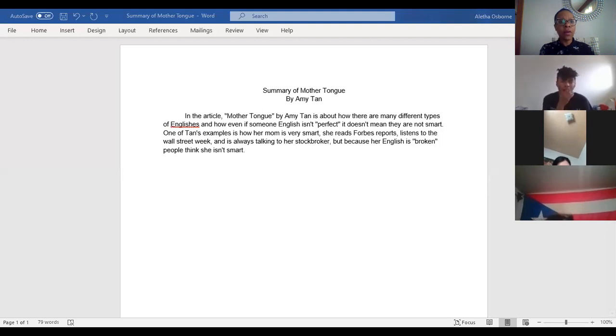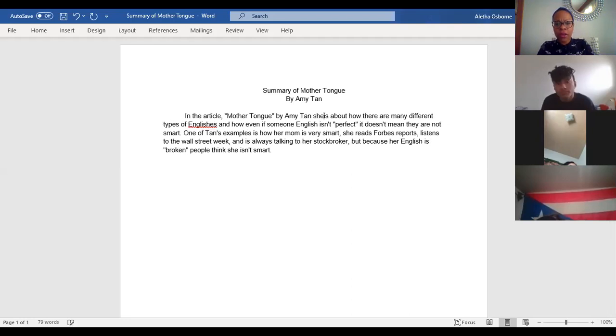So the way that we do that, let me go back to my last page. Sorry, okay. So where we say in the article, Mother Tongue by Amy Tan, let's say she examines, okay?